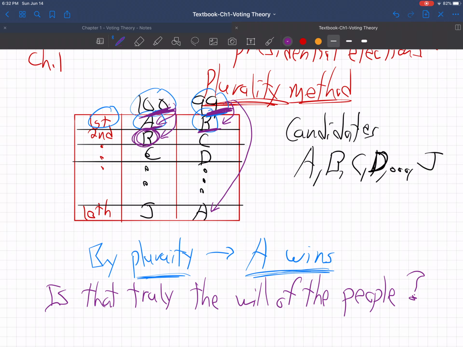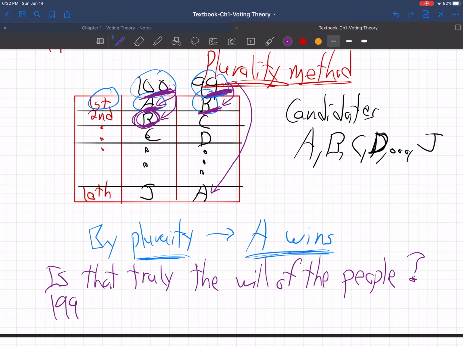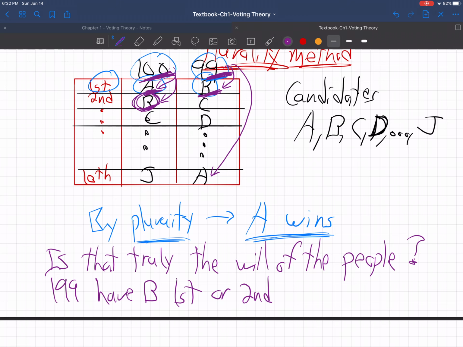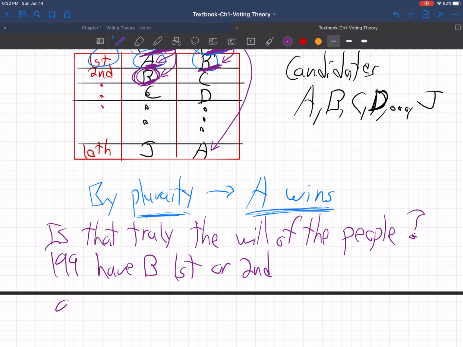They'd rather have anybody than A, and they prefer B. Whereas the 100 people like A best, but they really like B also. So do you see how everybody pretty much likes B? All 199 people have B first or second, don't they? 99 of them have B first, and 100 have B second. Whereas 99 people, almost half the crowd, have A last. They can't stand A.